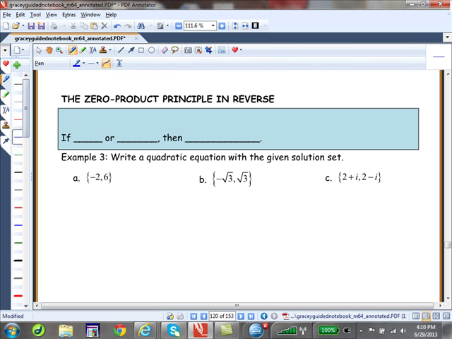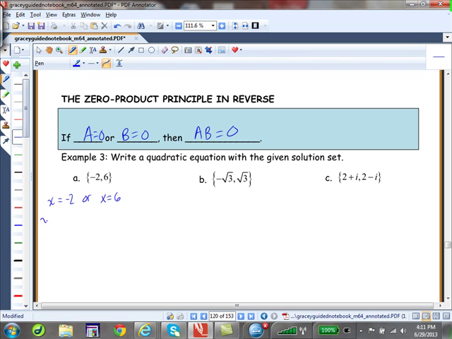So just going backwards, if A is 0 or B is 0, then A times B is 0. Okay? So here, your variable, we might as well just use x. This one, x was equal to -2 or x is equal to 6. So you're literally working backwards from what you're used to.